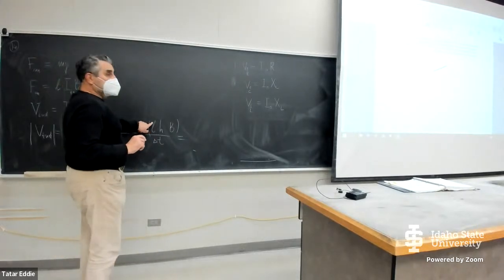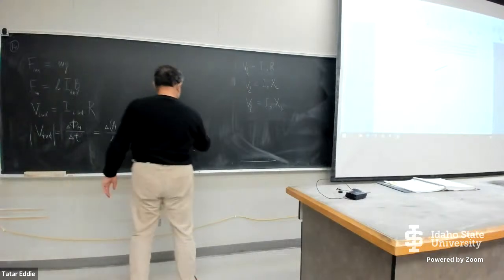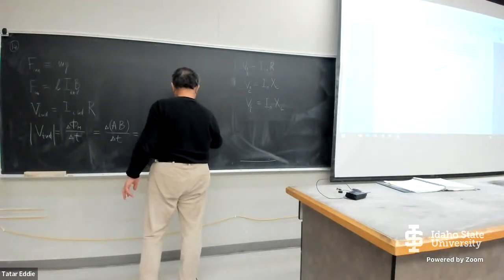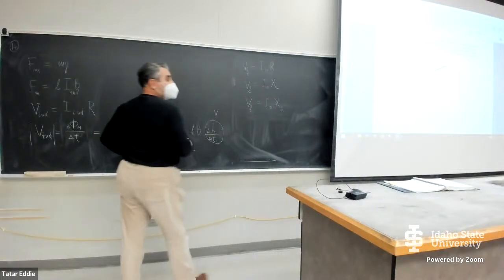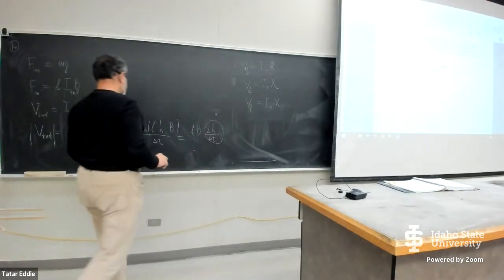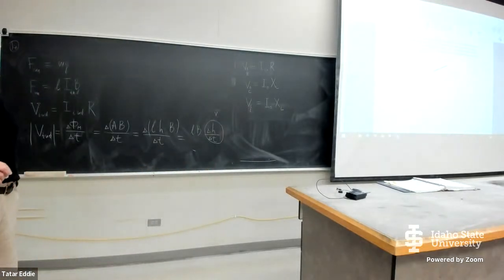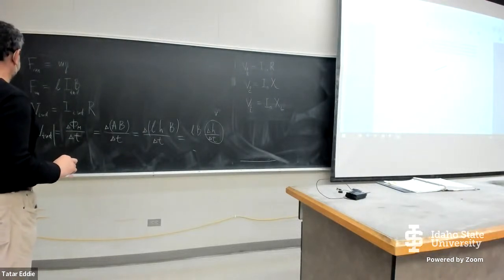And the length of the rod is constant, magnetic field is constant, so you can get them out of the delta, so you have L times B times the change of height. This is exactly the speed v, lowercase v. And this is pretty much it.